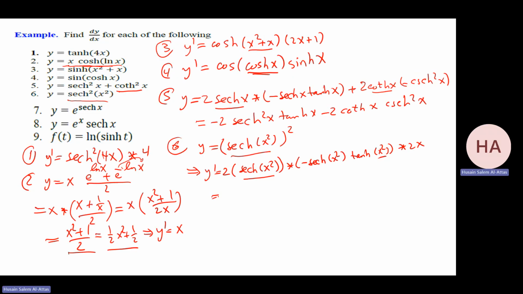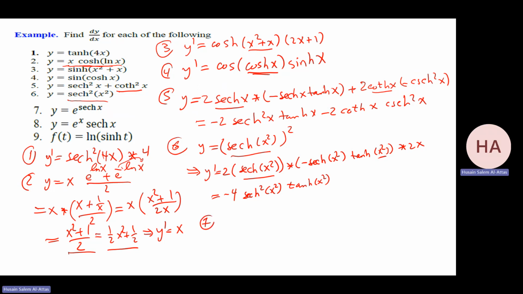So that gives me what? Minus 4 secant hyperbolic squared of x squared tan hyperbolic x. Yeah, tan hyperbolic of x squared.